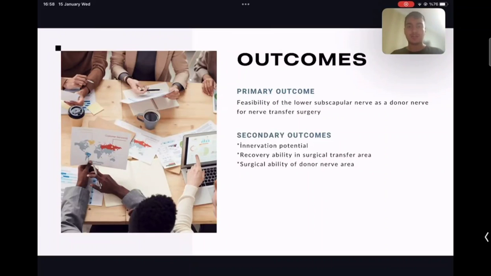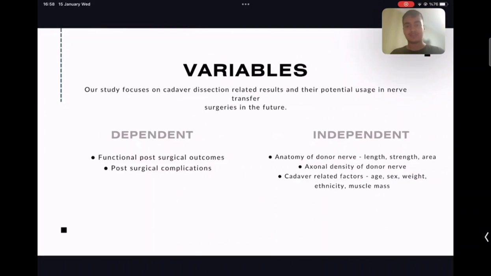So let's continue with variables. We write there that our study focuses on cadaver dissection, related results, and their potential usage in nerve transfer surgeries in the future. As you can see, the dependent and independent variables.